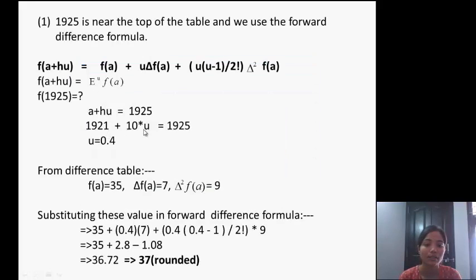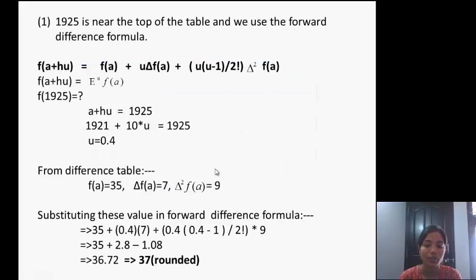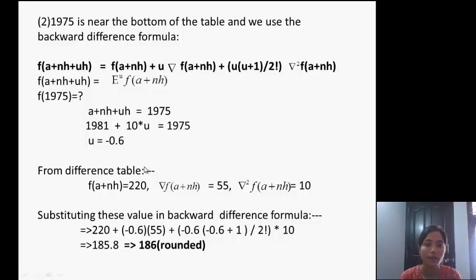By substituting this in the formula, we get u equal to 0.4, and from the difference table, 35 is f of a, 7 is del f of a, and 9 is del square f of a. Now substituting these values in our forward difference formula, we have our result 37 for the year 1925. Now we have to estimate the population in 1975.